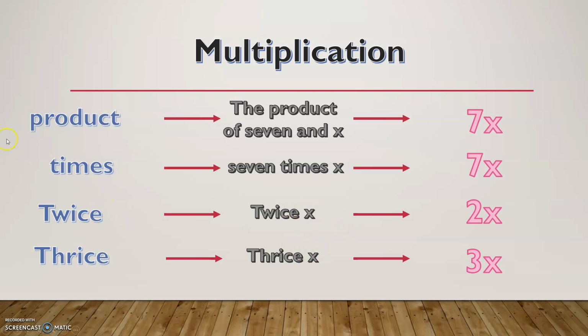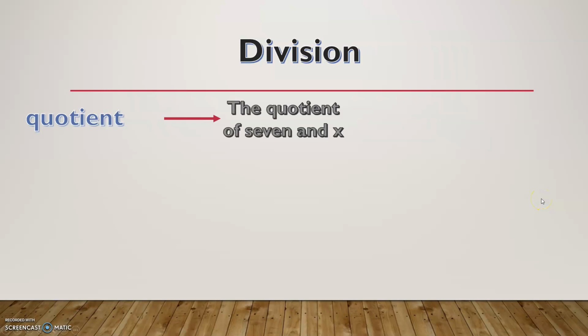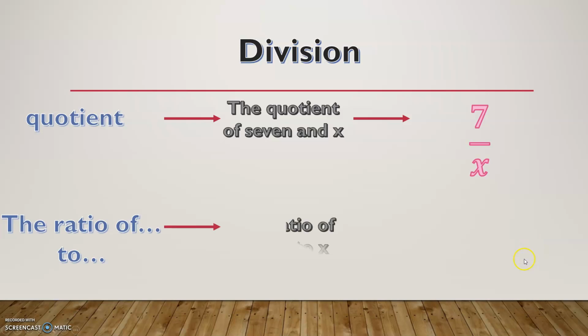How about for division? For division, quotient. The quotient of 7 and x is 7 over x. And the other one, the ratio. For example, the ratio of 7 to x. That will be 7 over x.